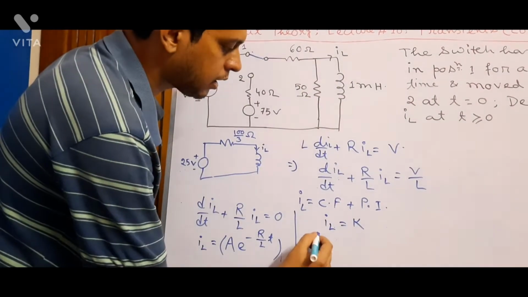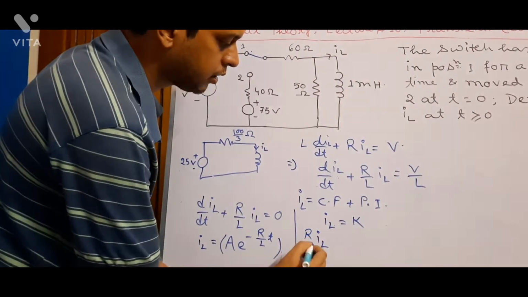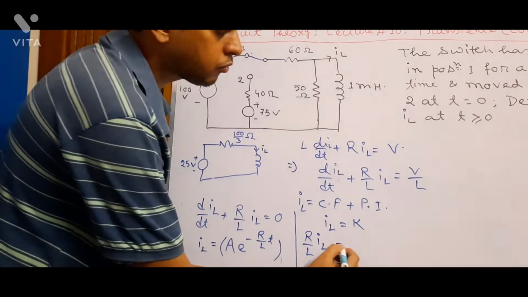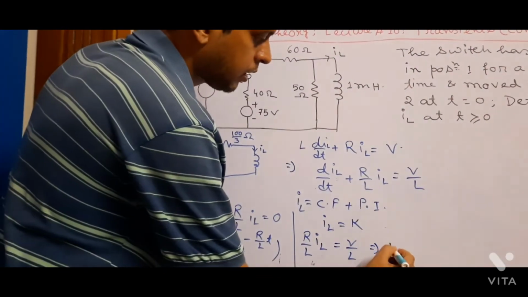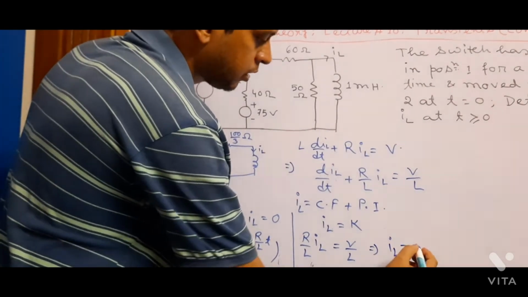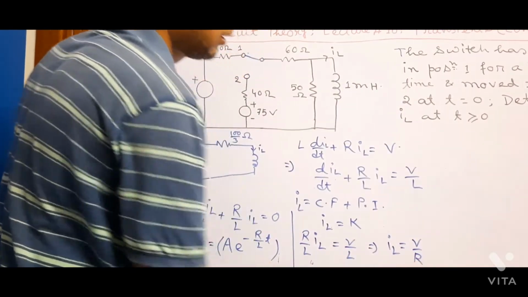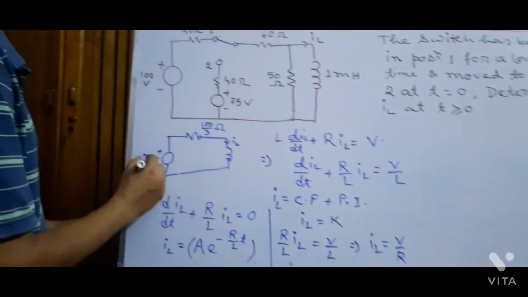So R by L into IL equals V by L, so IL equals V by R. Okay. Now V is what?